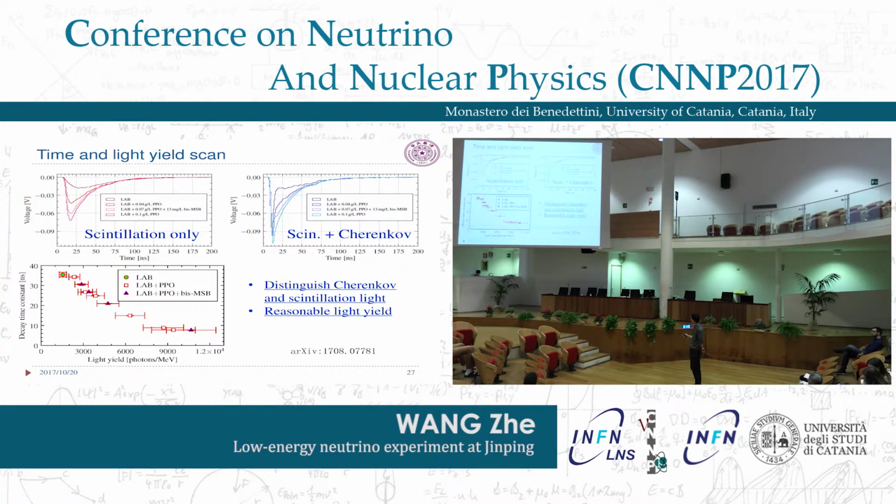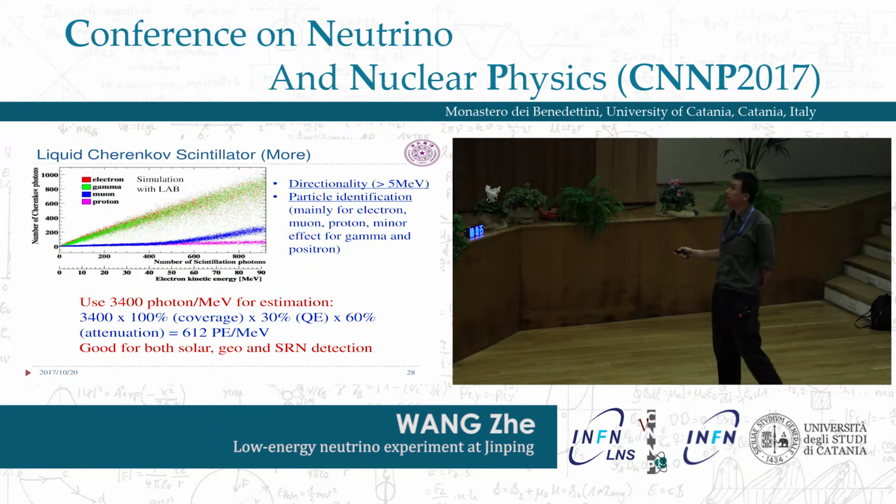That's the Cherenkov light. All these dots can form a curve. This tells what the possible combinations of decay time constant and light yield are for this type of combination, meaning LAB plus PPO plus BCNV. So you can distinguish Cherenkov light and scintillation light with a reasonable light yield.